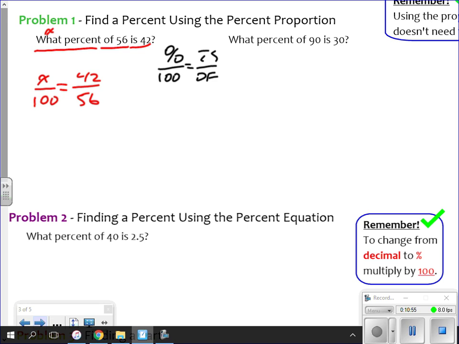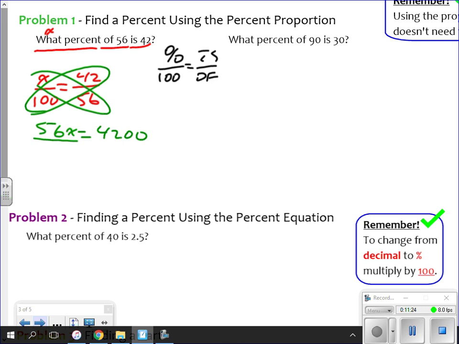You have the three parts. You have the percent, you have the of, you have the is. And now you can do this. We've been doing this all week. How do you solve a proportion? You cross multiply. So 56x equals 4,200. What do I do now?